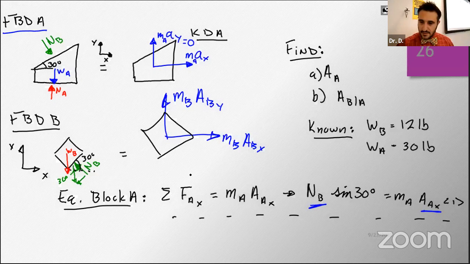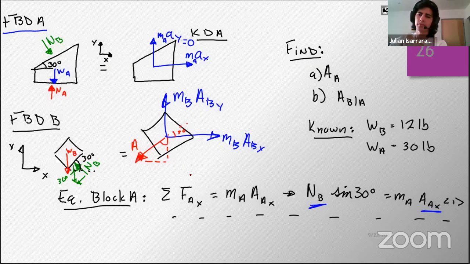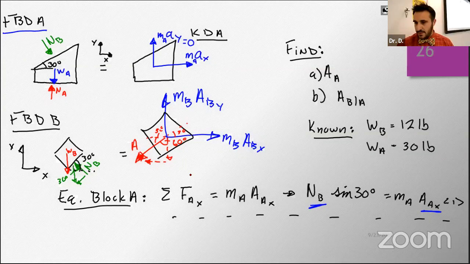Our actual acceleration we know is in this direction, so we have to break this into components using this triangle.